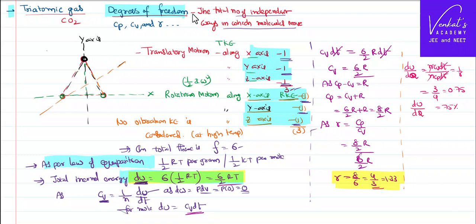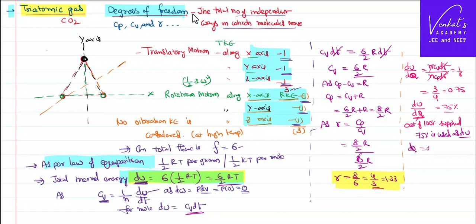What do you mean by dU by dQ being 75%? Out of 100% of the heat supplied to a triatomic gas, 75% is used as internal energy.